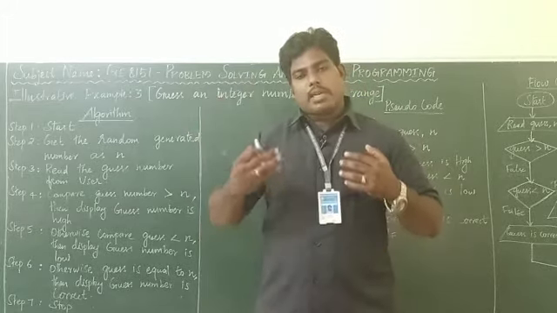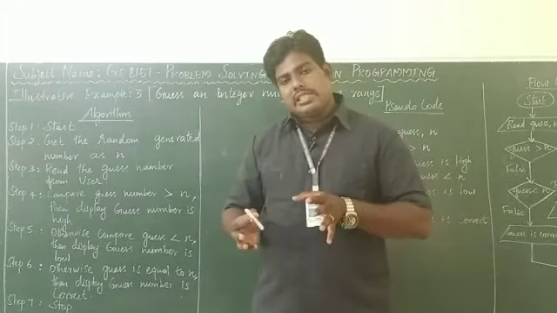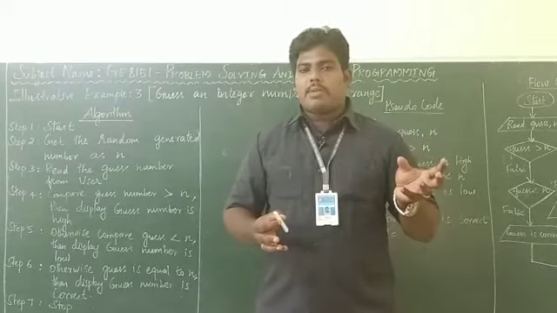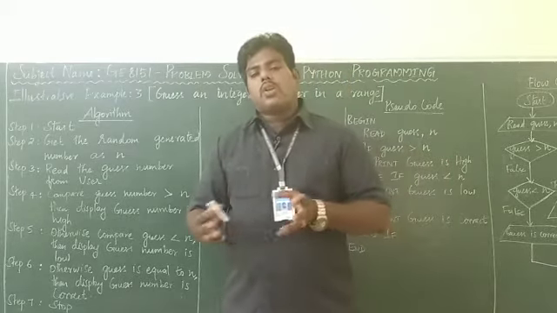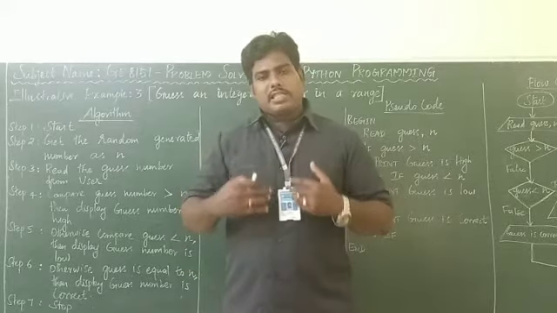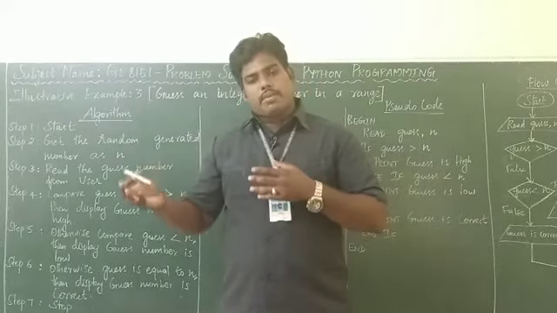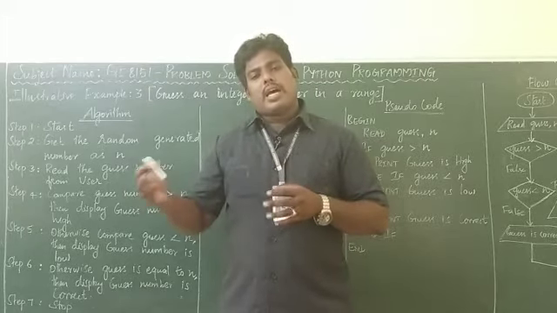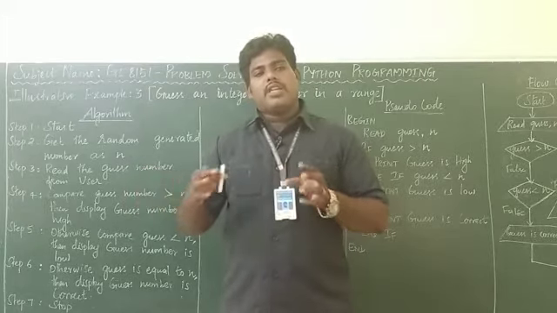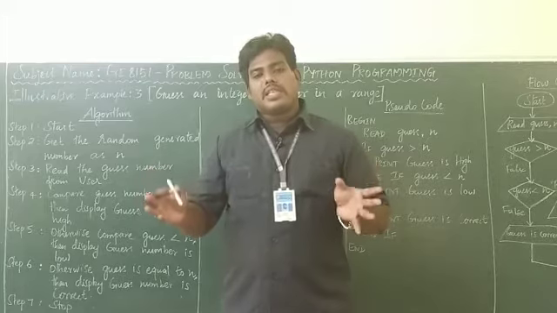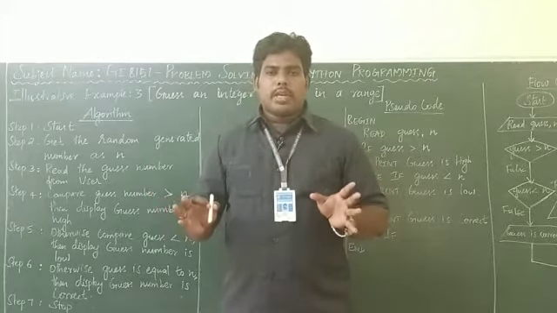If my guess number is less than the computer generated random number, it will say it is low. If my guess number is greater than the computer generated random number, it will say your guess is high. If it is equal, it will say your guess is correct. This is the logic.